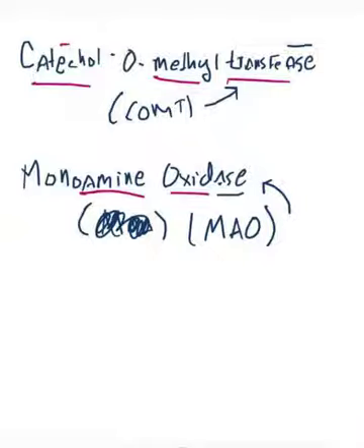Let me draw a catecholamine. I'll draw a relatively simple one, a molecule called dopamine. Dopamine is typically a neurotransmitter found in the central nervous system, and it's also a medication we can administer. When administered as a medication, it mimics some of the sympathetic effects: it increases blood pressure, can increase the heart rate, and so on.